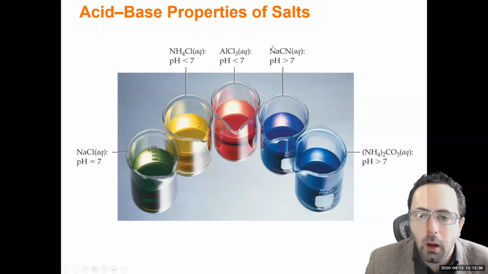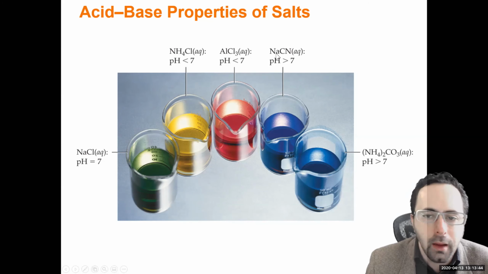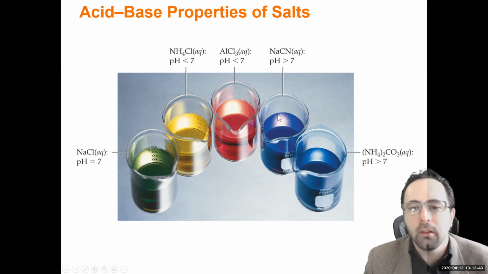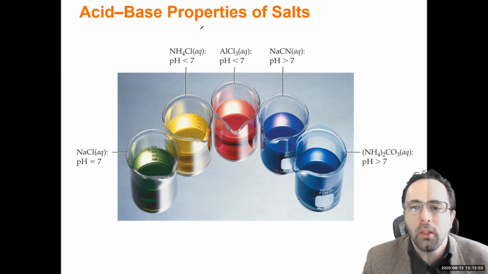So sodium ions, again, as we saw here in the sodium chloride, sodium +1 ions are neutral for reasons we'll talk about. Cyanide ions, however, are basic. So if you have cyanide ions in solution, you get a solution that has a pH which is greater than 7.